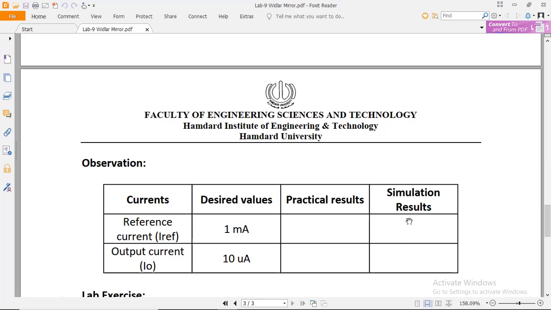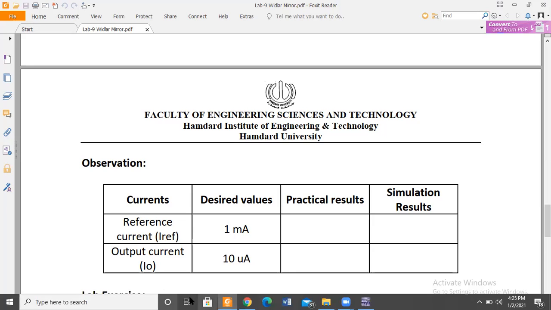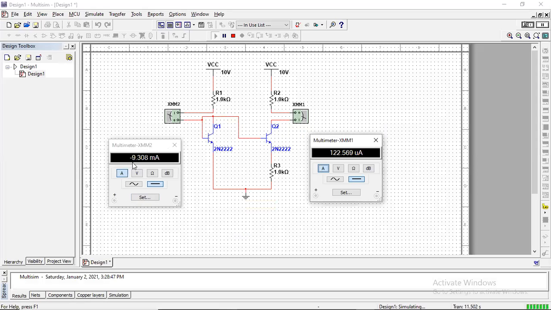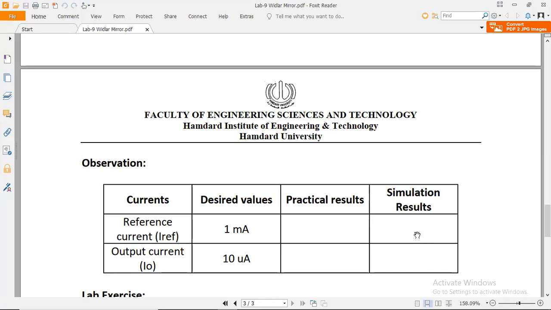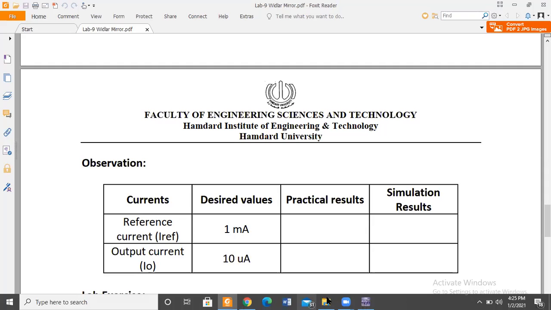What is I reference? This is I reference. The minus sign is because of the opposite connection, because positive would be here and negative would be here. Due to this connection, we got the negative sign. So the value is 9.3 milliampere. This is the simulated result. Desired is 1 milliampere and we got 9.3 milliampere in the simulation.